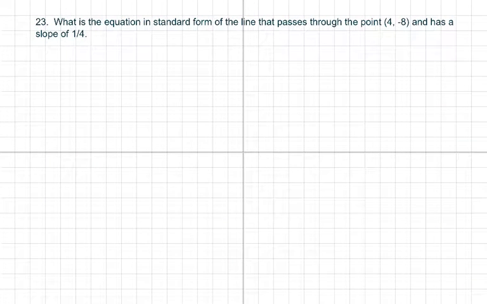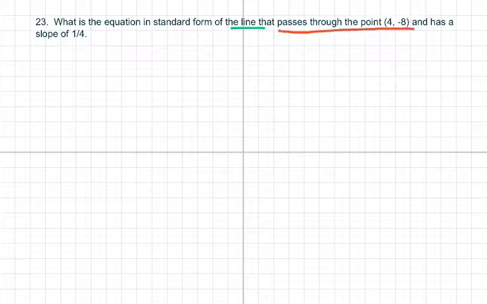Alright. This problem wants you to write an equation in standard form. It's linear. This is a line. And I'm going to do that, but I want to just show you what this means. Because when it says that the line is passing through this point, basically I'm going to go to 4, and then go down to -8, which is down here, I believe.